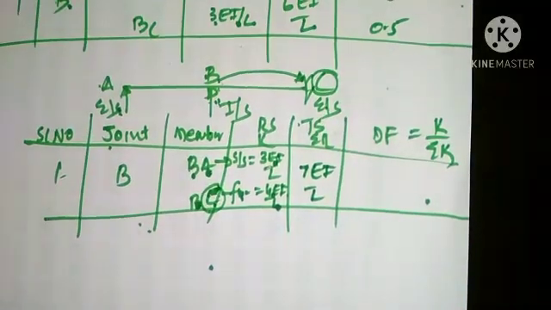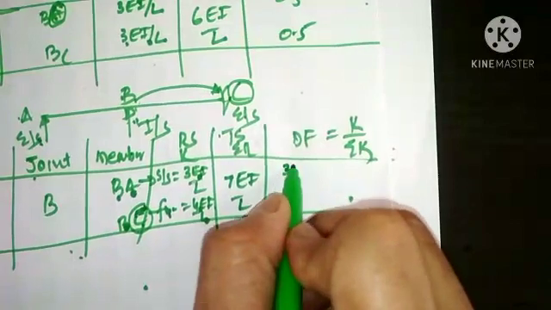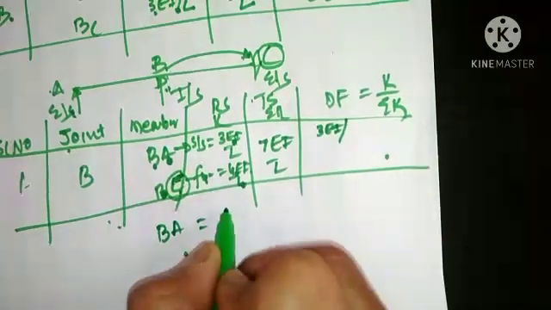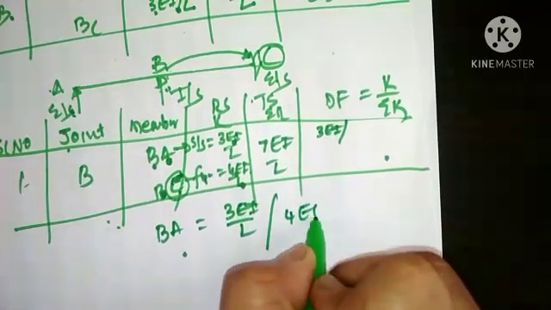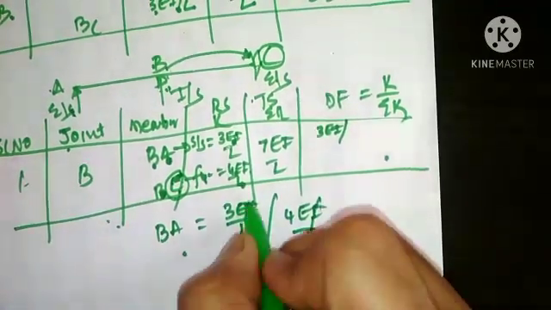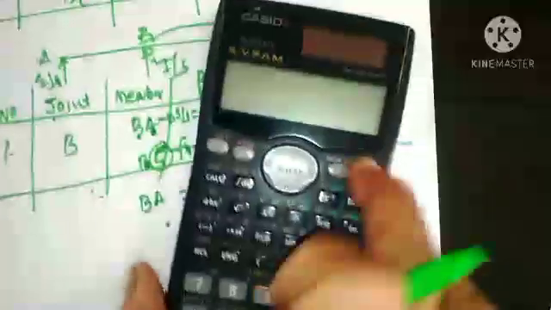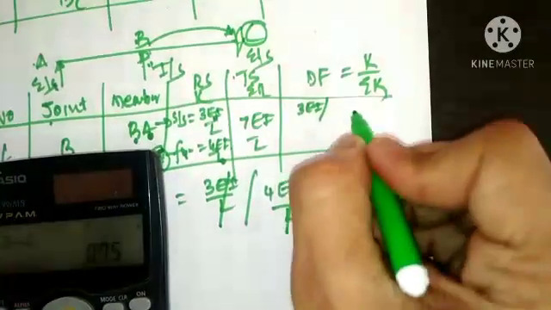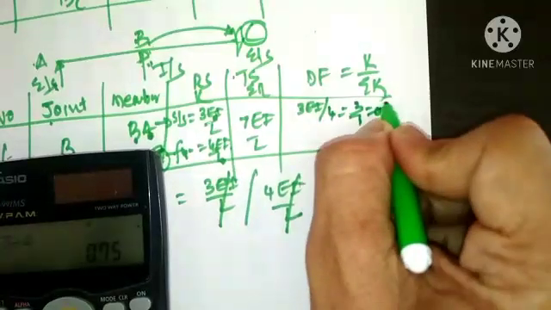Now if you check this particular value, what will happen for BA? BA will be 3EI by L divided by 4EI by L. So EI by L gets cancelled out. 3 by 4 shall come as 0.75.